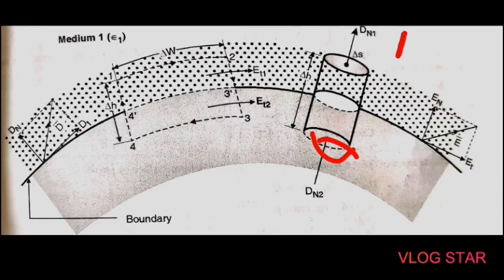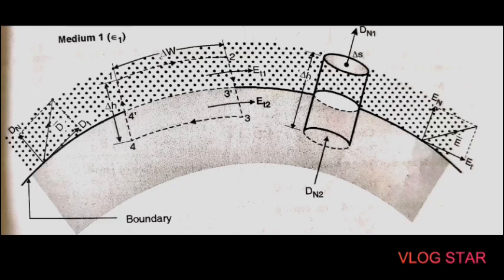Again this is Dn1 and this is Dn2, that is the normal component. Del h is the total height of this Gaussian surface and del S is the surface area. Okay, so here the direction of this D bar for the top surface is positive and the direction of this D bar for the bottom surface is negative.